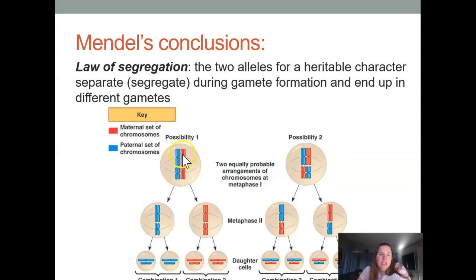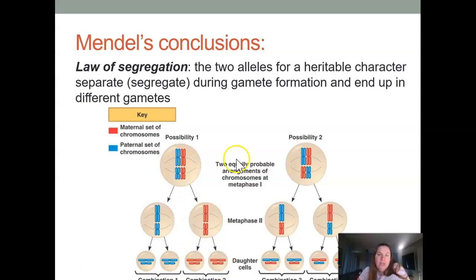This tetrad is going to separate during metaphase 1. Segregation basically means separation. So one of these will end up in one gamete, and the other one will end up in another gamete.